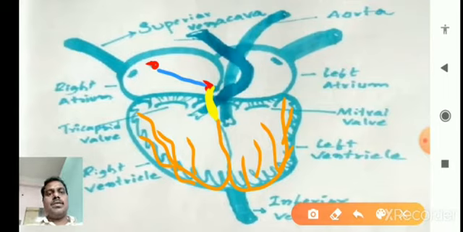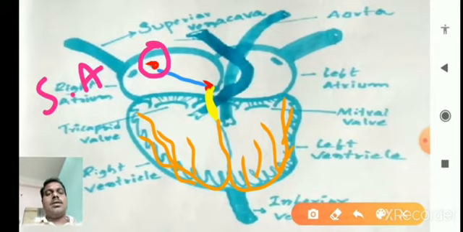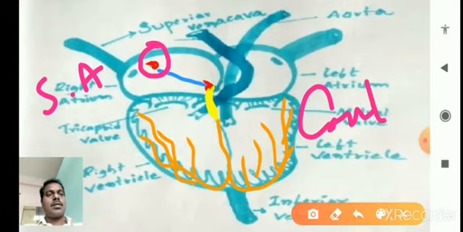When the heart is filled with oxygenated and deoxygenated blood, the SA node is activated by the brain's nervous system. Mainly two nerves affect the function of the heart. There are two mechanisms of how the heart functions: one we call contraction, and the second we call relaxation.